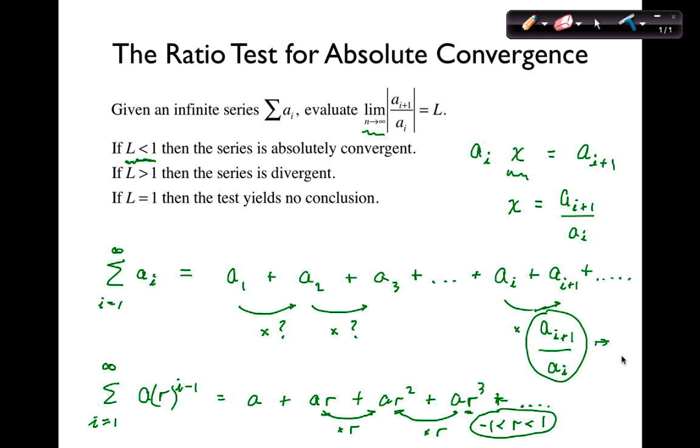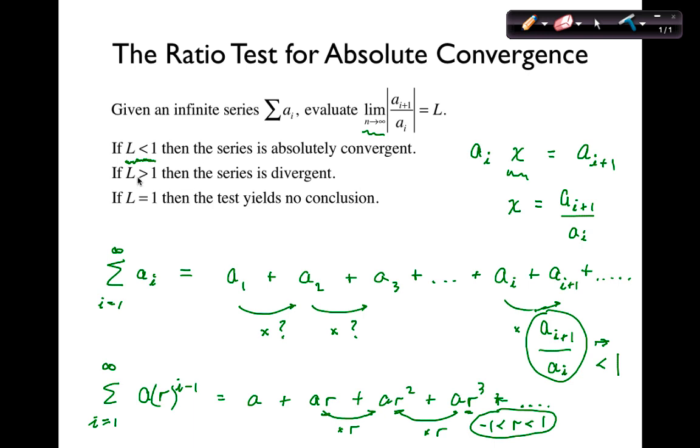So that's what the ratio test is about. It's asking, does the series morph into a geometric series? Does the multiplier approach some number less than 1? Then in the long run, we have kind of like a geometric series, and so it will converge.